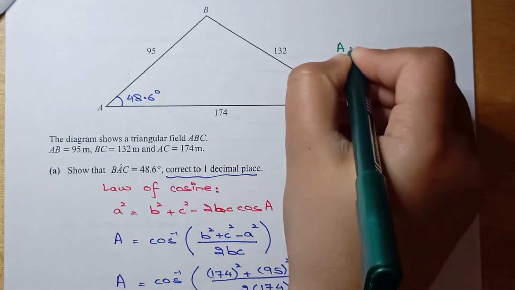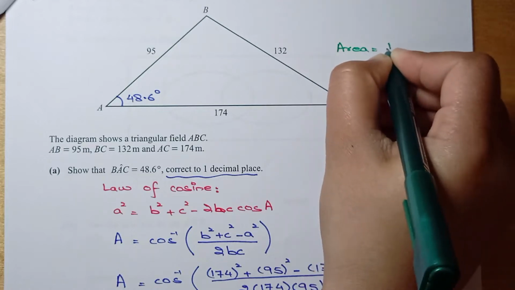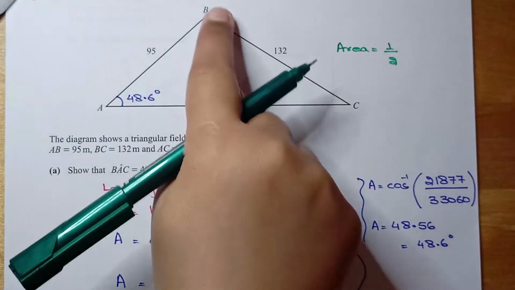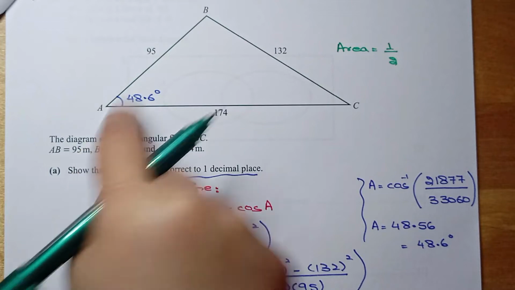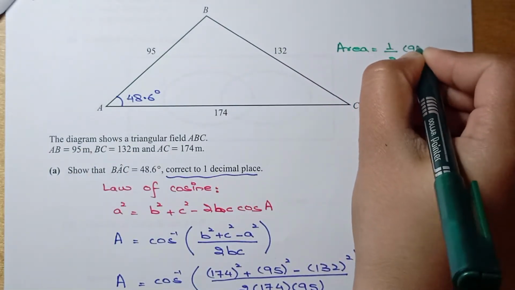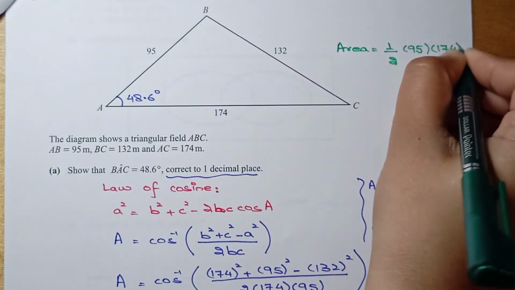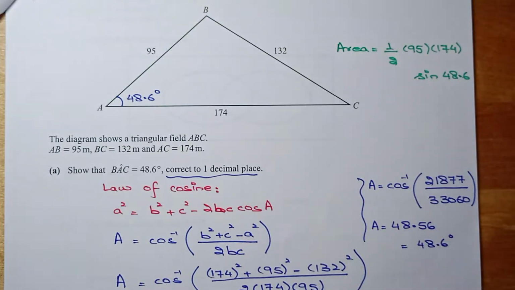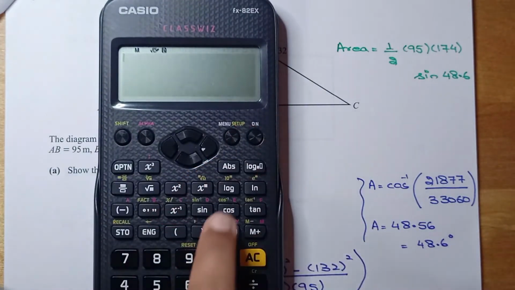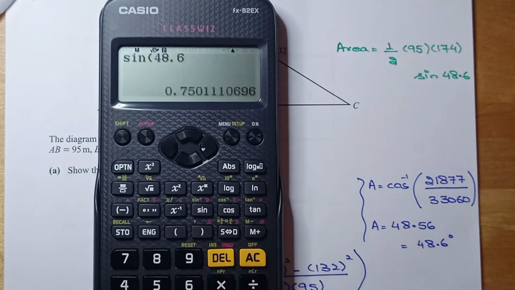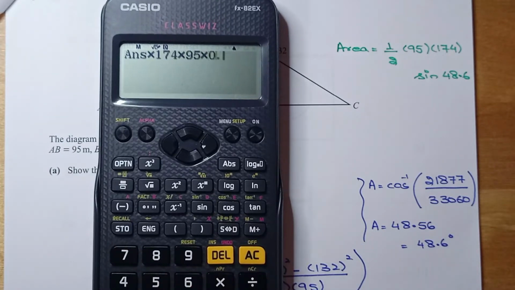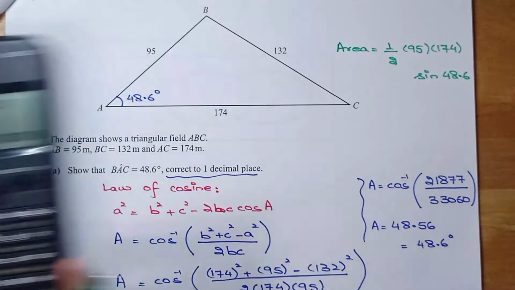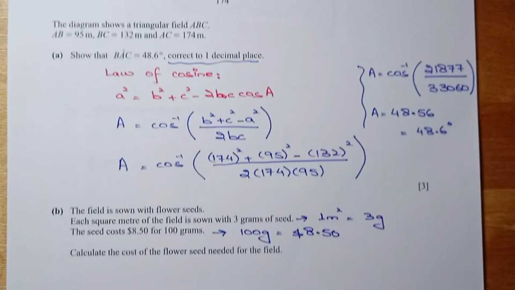So area of a triangle is half times AB times AC times sine of the angle A: 95, 174 into sine of angle A, 48.6. So let me simplify it. Sine 48.6 times 174 times 95 times 0.5. This is 6199.66. So let me write down the area below.